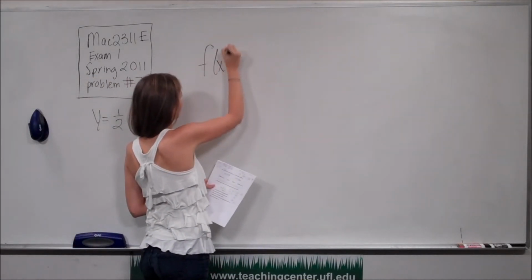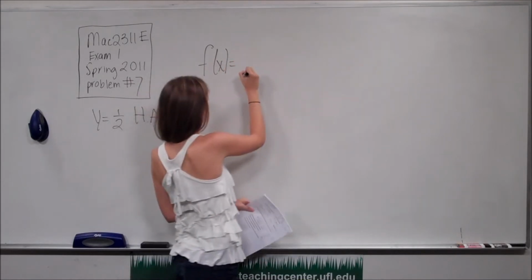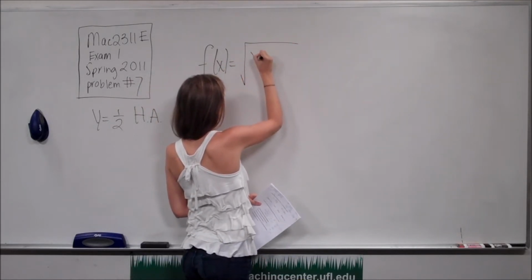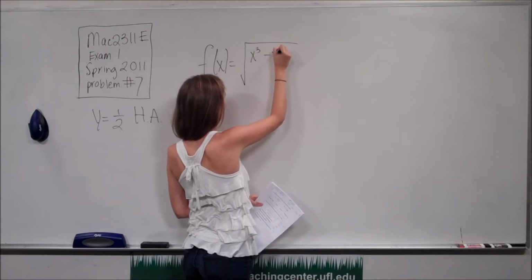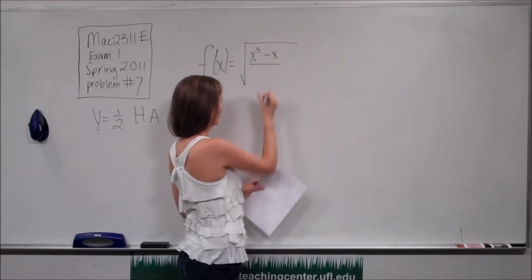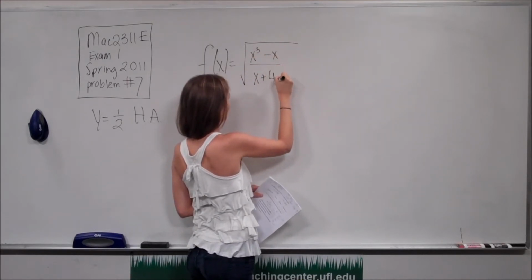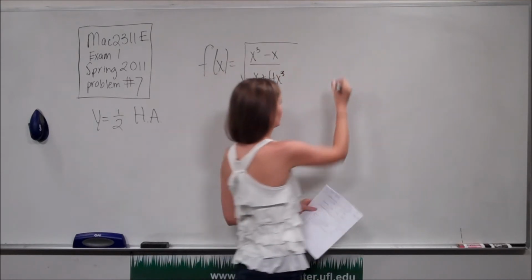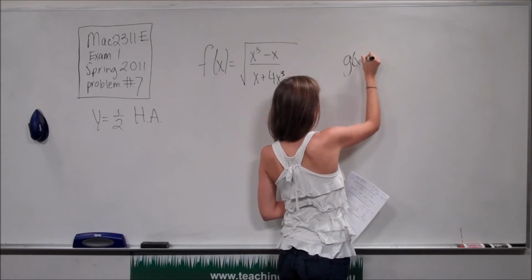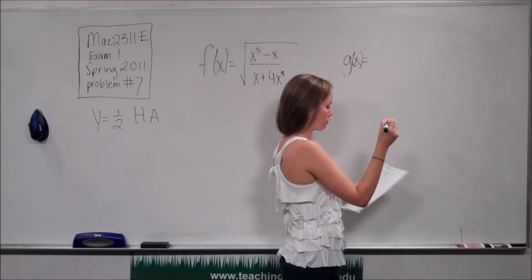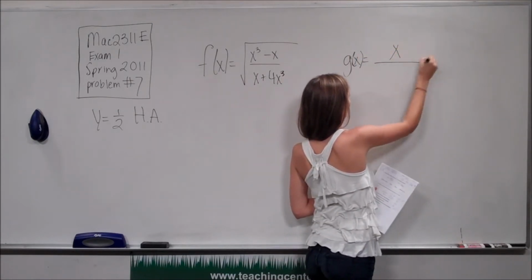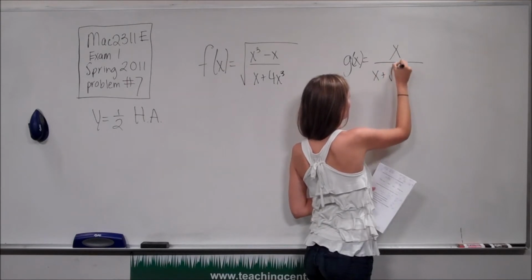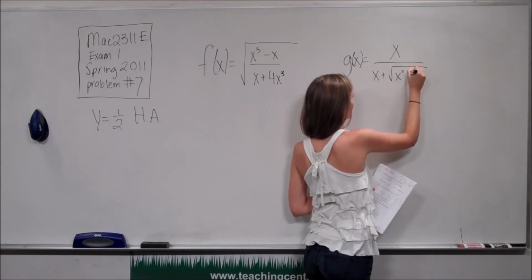f of x is equal to the square root of x cubed minus x, all over x plus 4x cubed, and g of x is equal to x over x plus the square root of x squared plus 1.